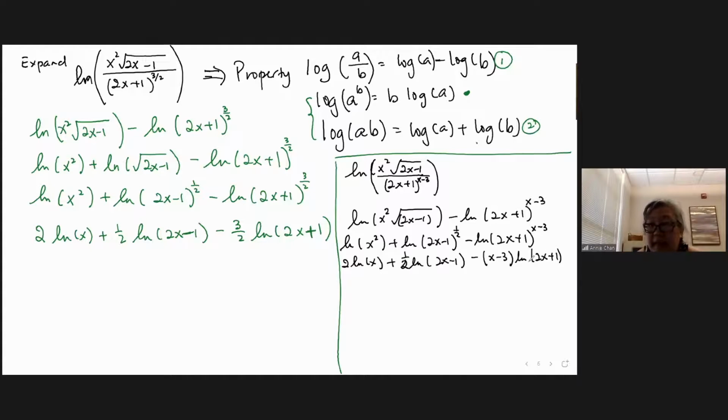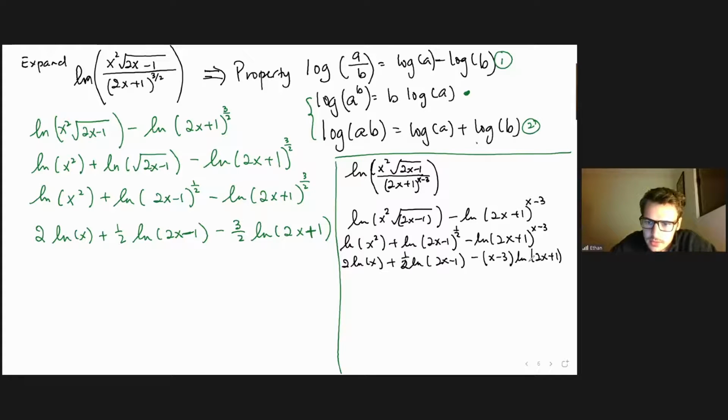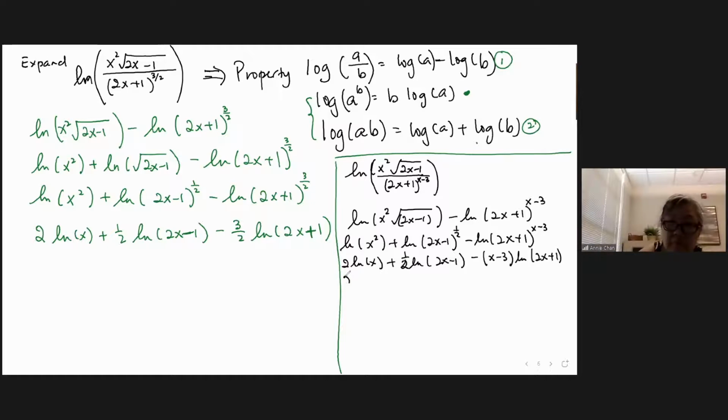Can I expand this further? Or am I done? I don't think you can, unless you can distribute the negative sign through the x minus 3. Okay. 2 natural log of x.